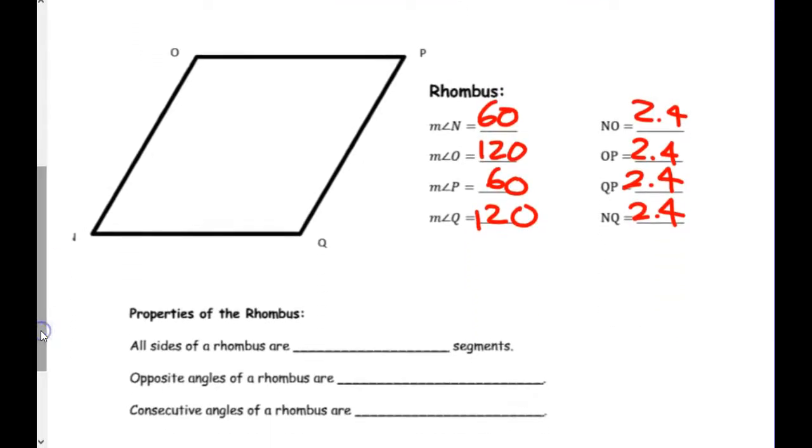So all sides of a rhombus are what? Equal. Okay, they're all congruent. Okay, so the sides are congruent. Now I'd say, if you wanted to say parallel, they're not all parallel to each other, but they do have two sets of parallel pairs.